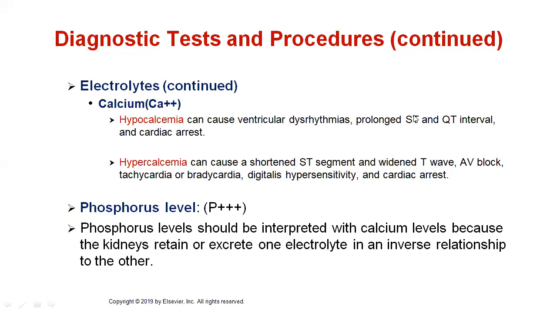If the calcium level goes up or down, the phosphorus level also changes, because the kidney retains or excretes one electrolyte in an inverse relationship with others.